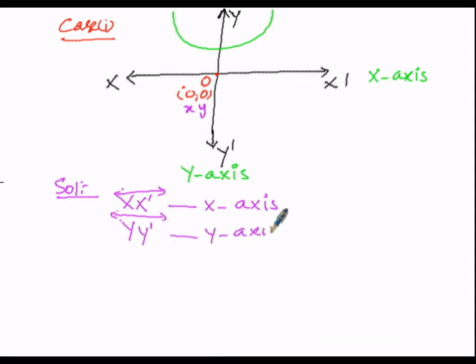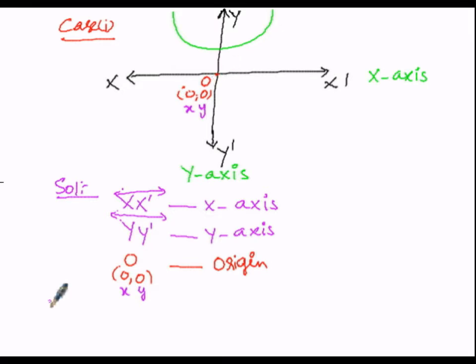The point of intersection of these two axes is O, whose coordinates are (0, 0), so the x coordinate is 0 and the y coordinate is also 0. O is the point of intersection of both axes, called the origin. But the given graph is a parabola, and it is not touching the x axis, so it does not have any zeros of the particular function.